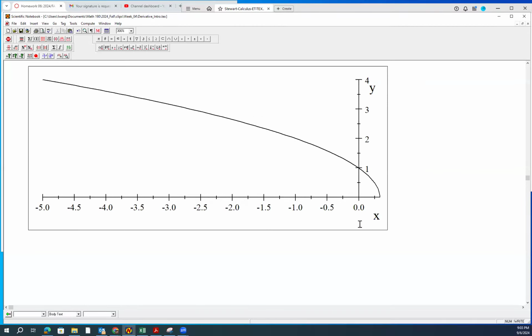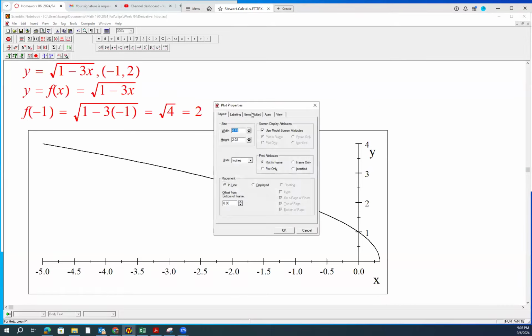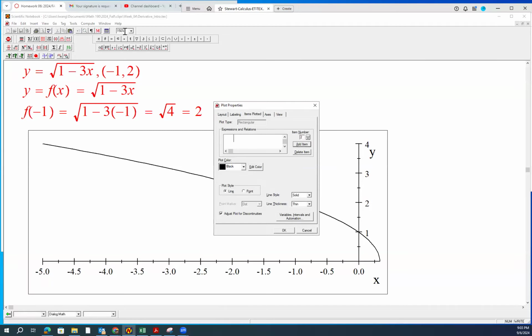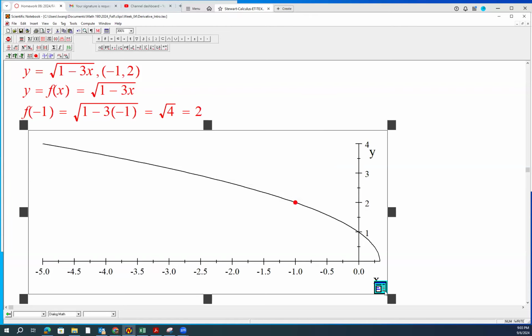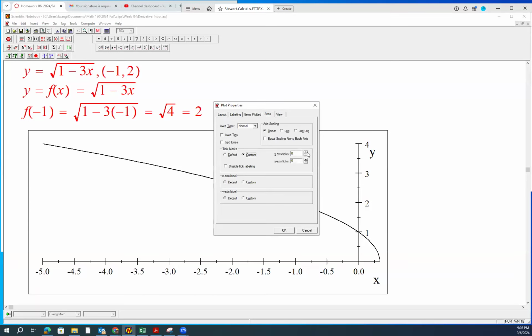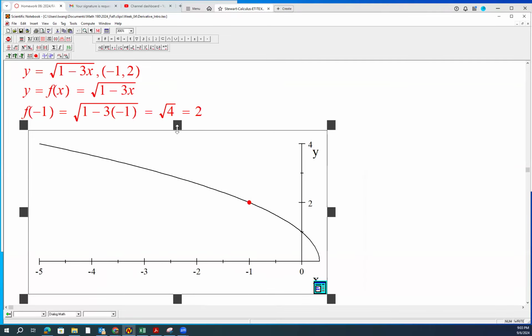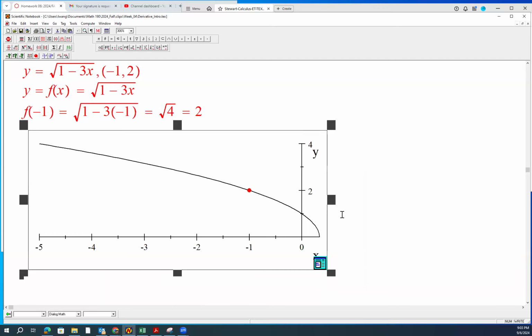This is the curve, and the point of our interest is -1, 2, the red dot right there. And so we anticipate there is a tangent line, so we're going to find the slope.